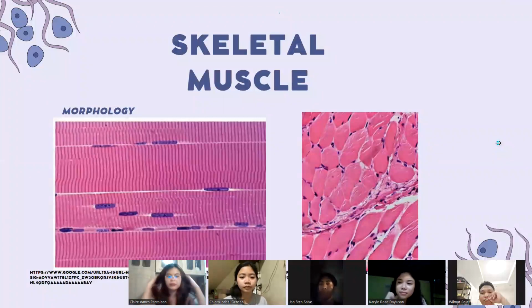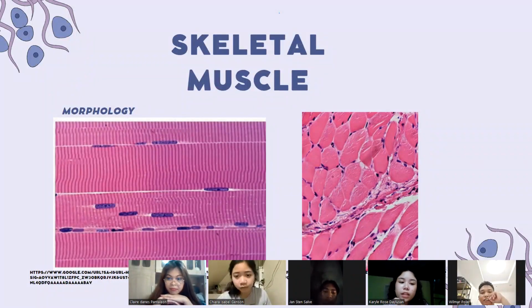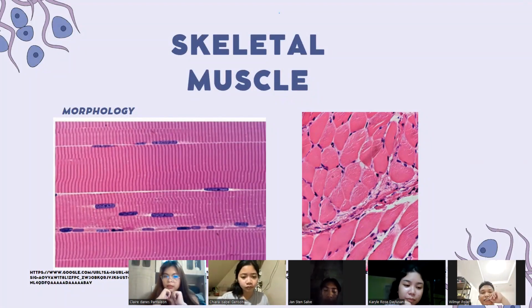Okay, so by just looking at the pictures, what can you guys see? It is striated, miss. Okay, so striated muscle. Yes, it is striated, and why does it look striated? What protein does the skeletal muscle have for it to look striated?